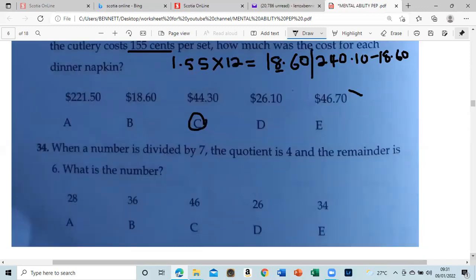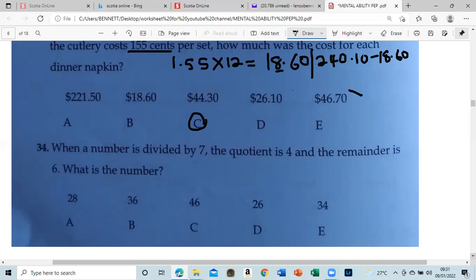When a number is divided by 7, the quotient is 4 and the remainder is 6. What is the number? See, understand. When a number is divided by 7, the quotient is 4, and the remainder is 6.